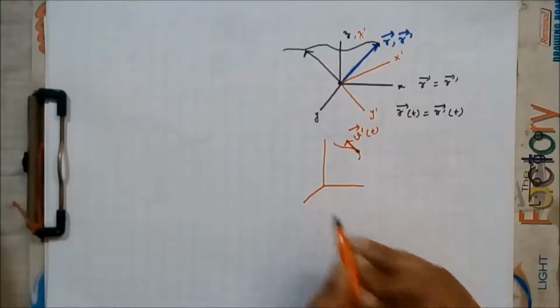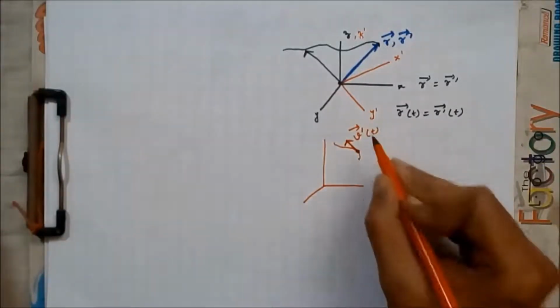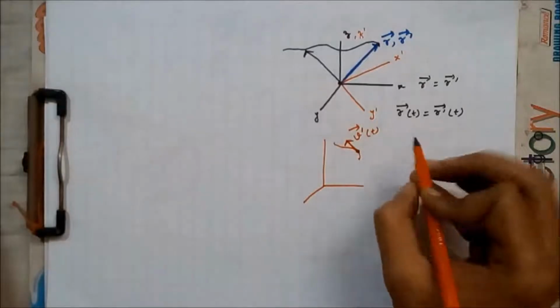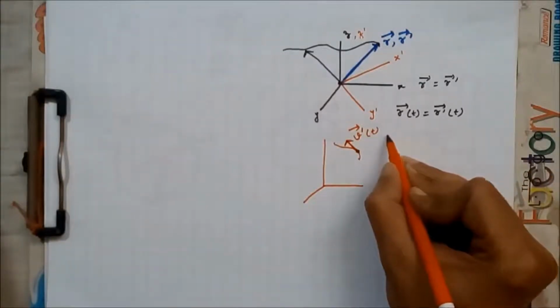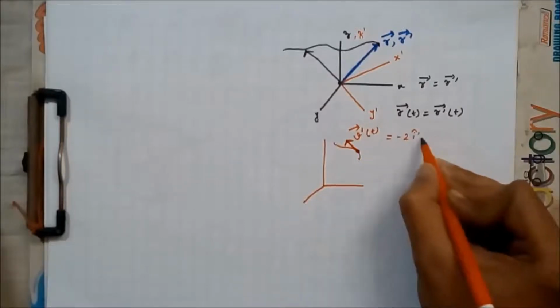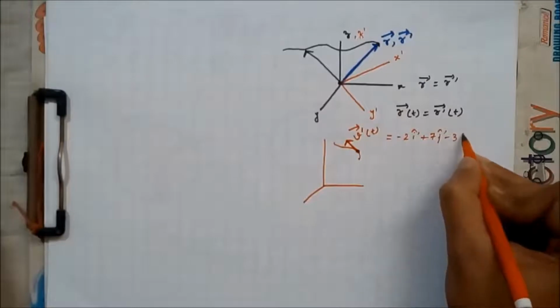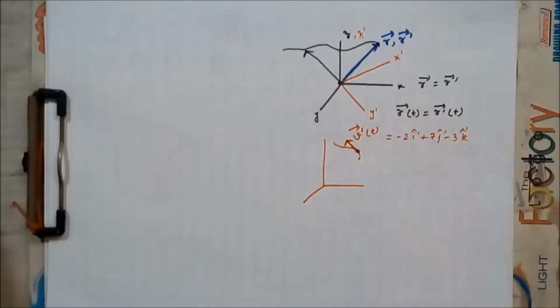So, if we have defined the velocity of the particle to be v primed of t as seen from the primed frame of reference, we have already defined the vector. Now, this vector at this certain instant of time may look like this, maybe minus 2i primed cap plus 7j primed cap minus 3k primed cap.